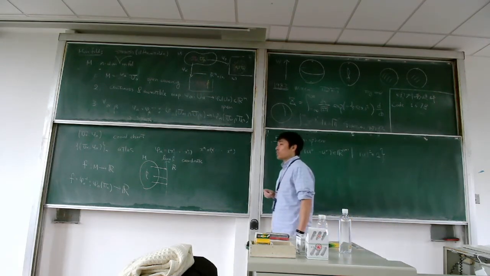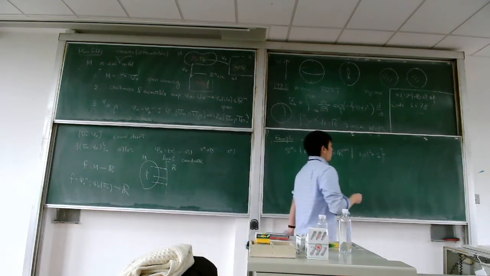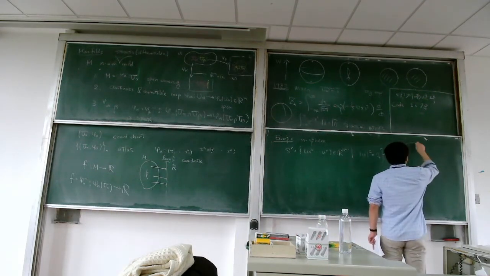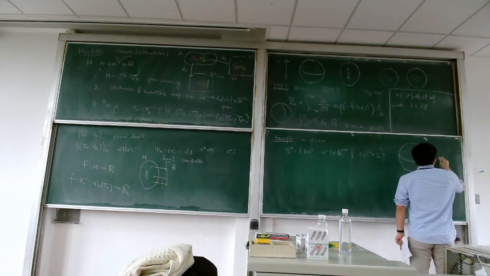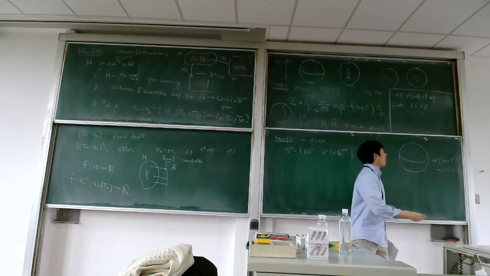So the length is one. This is just the usual notion. S2 is u0 squared plus u1 squared plus u2 squared equal to 1, so it's inside R3.